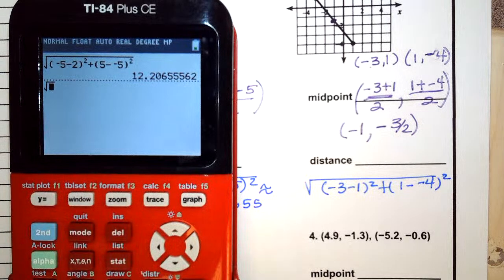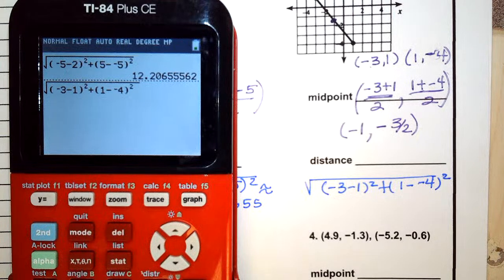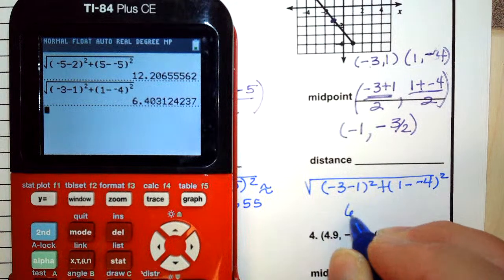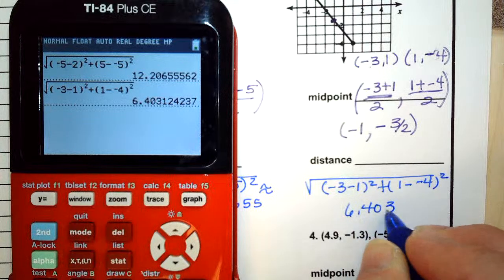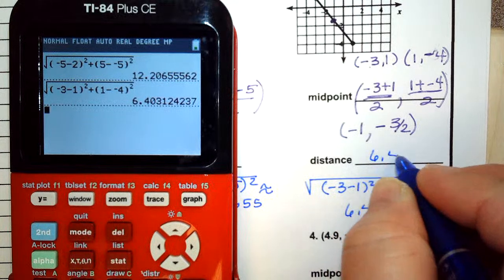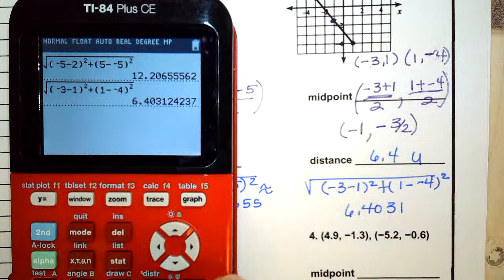That gives 6.4031. Rounding to the nearest tenth, it would be about 6.4 units.